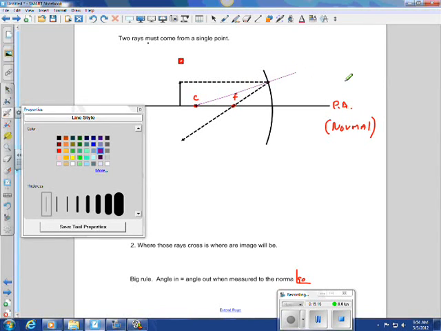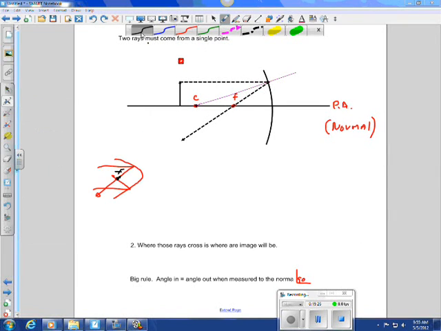Okay? I drew that as a straight line coming straight back. That is one of our spokes from before. Can you see that this is a normal? It is the same as the normal down here on our principal axis. It's coming from the same point, and if it helps you to remember that it looks just like a spoke on a bike, that's fine.